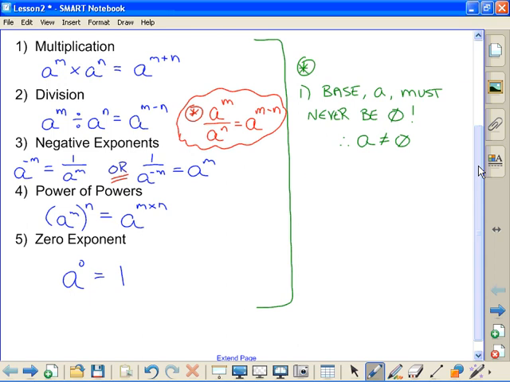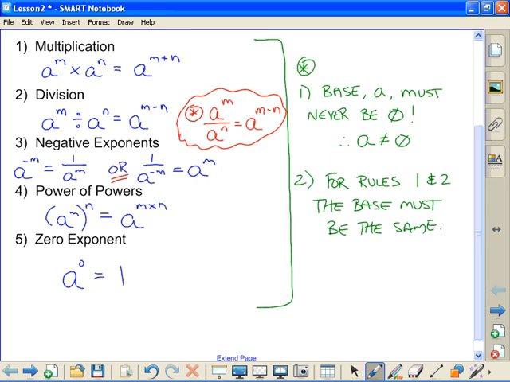And number 2, which I'll point out, is that for rules 1 and 2, the base must be the same. All right, and that will get us caught up and let us run through some examples.